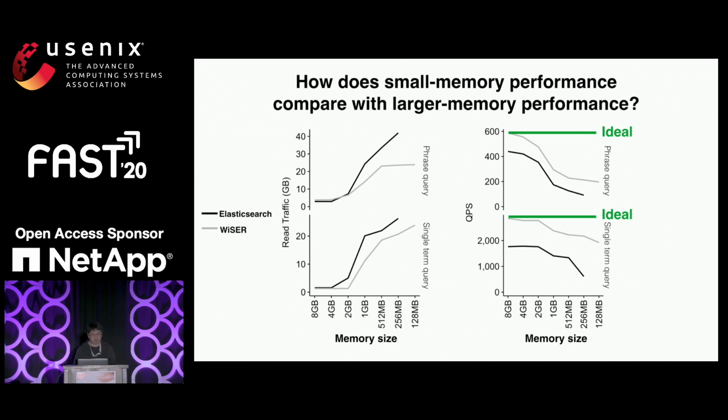It's pretty hard to compare, but I think the general rule is SSD is generally an order of magnitude cheaper than RAM, and another benefit is that RAM costs power, and SSD, if you're not actively using it, should not cost that much power. But it's pretty hard because SSD fails, and maybe more than RAM. We tried, but we think it's a good first step to go towards that direction.